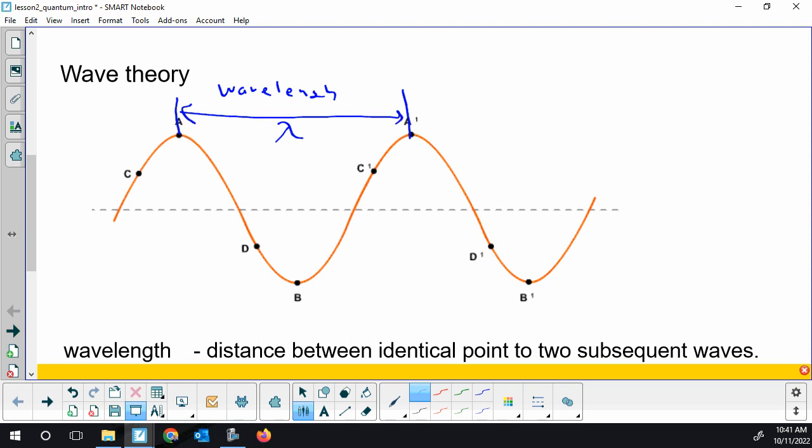The other important thing we're going to do is look at frequency. We're going to use a nu character for frequency. And this is a count. So imagine you're at that blue dotted line and you're counting how many waves go by that dashed blue line, and it's going to be a count per second.